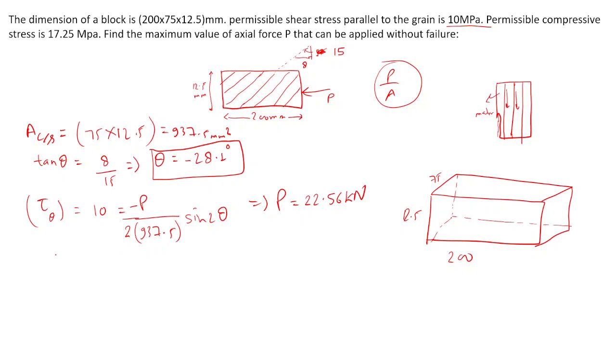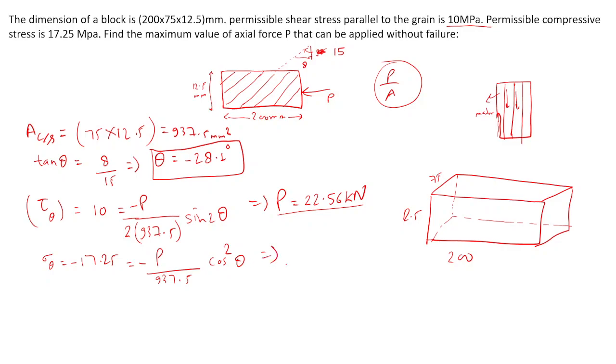Okay. Now coming to the normal stress. Anyone, if getting other, let me know. Okay. So now coming to the normal stress. Maximum permissible normal stress is 17.25, and same way here it is compressive, so already we can put minus sign here, and same minus sign, P by A, here it would be P by A, right? 937.5 and cos square theta.